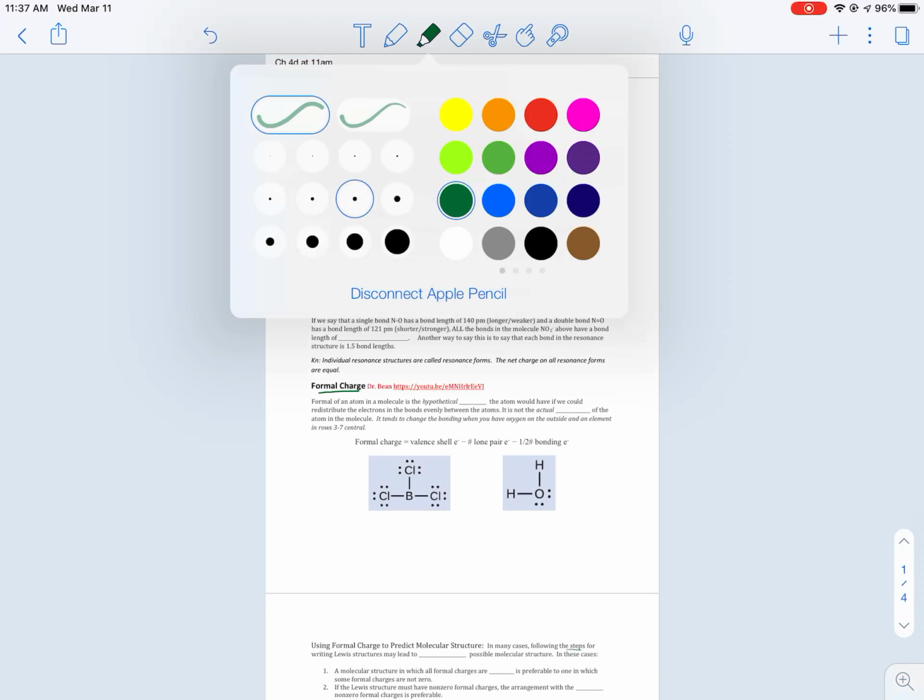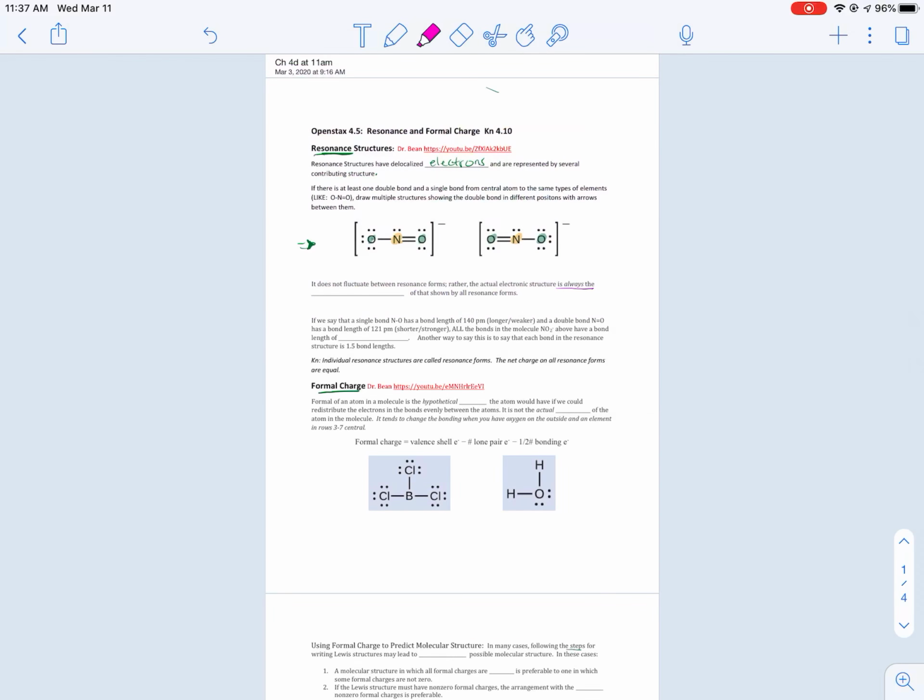So the idea is just that you can just as easily make a double bond written on this side as you can have it written on this side. Whenever you have those situations, and it's more common with oxygen on the outside or other things in that column, but it can happen with plenty of different atoms.